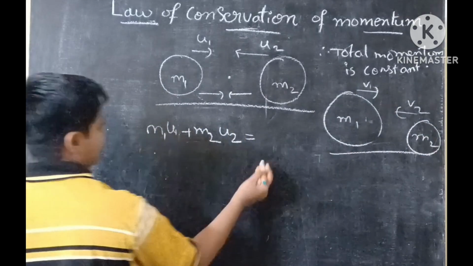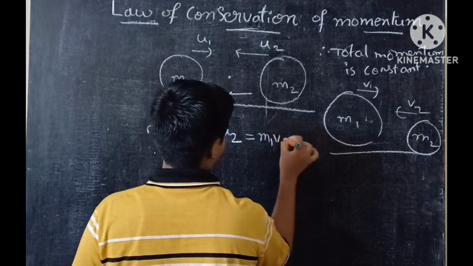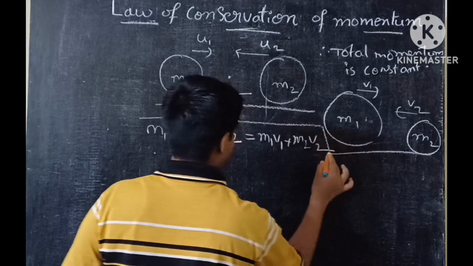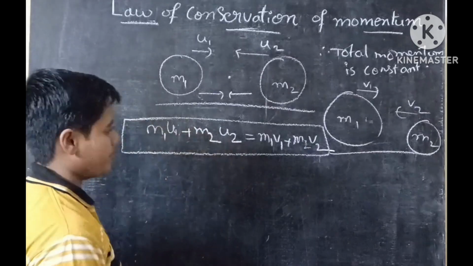So this is m1 v1 plus m2 v2. This is the total momentum.